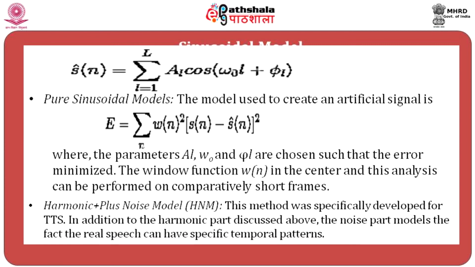The pure sinusoidal model used to create an artificial signal is this one, which is represented by E. The window function w(n) is the center, and this analysis can be performed on comparatively short frames.